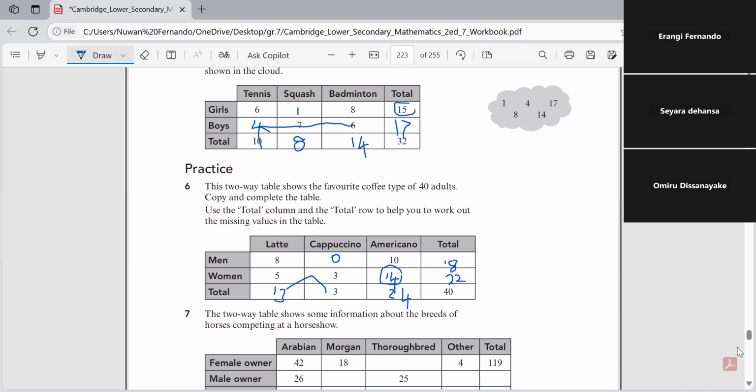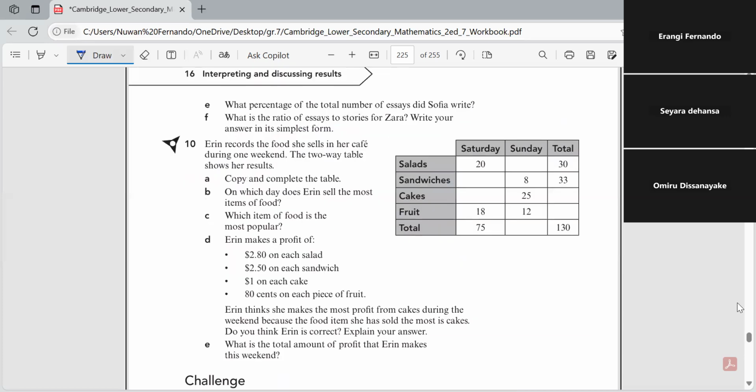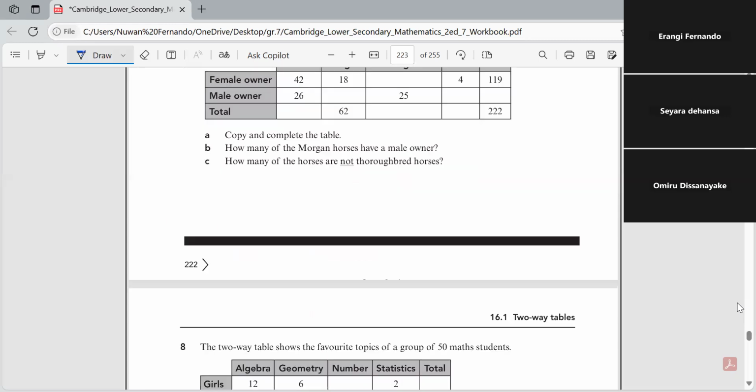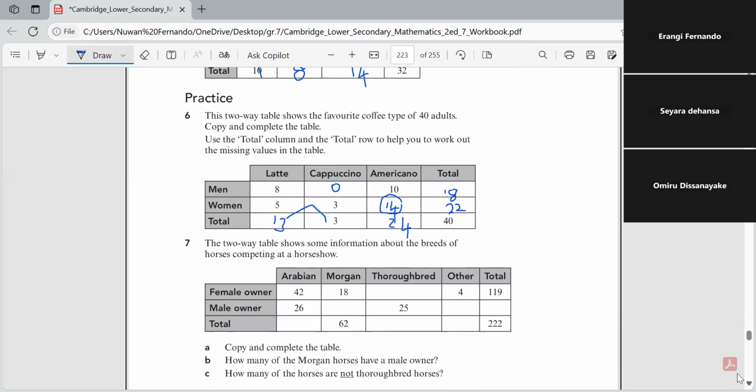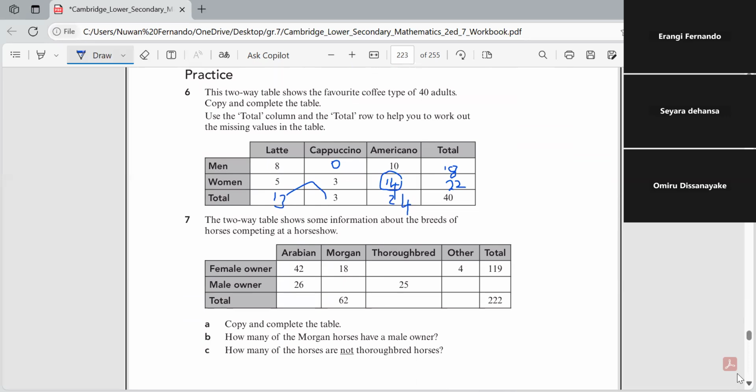Is it easy? Right. The next one is, the seventh one. The two-way table shows the information about the breeds of horses competing at the horse show.